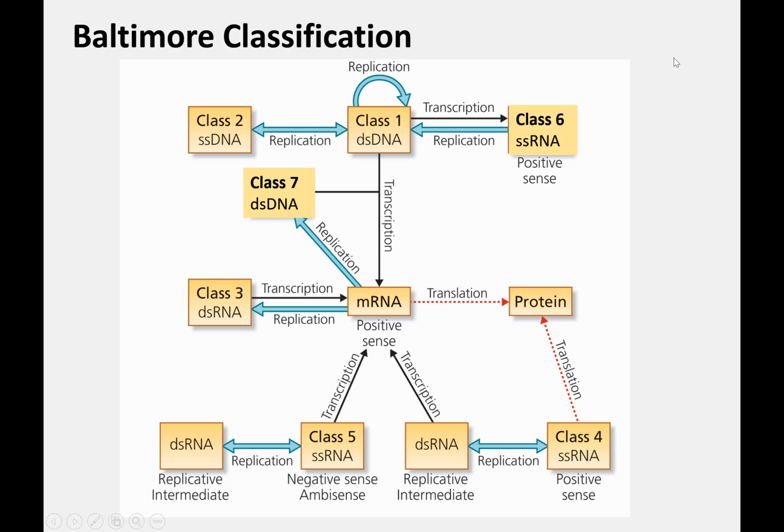So again, we're going to use the Baltimore Classification. This is just another image. And remember, the whole thing is, how do we get to messenger RNA? And again, the reason is this tells you something about how the virus reproduces.